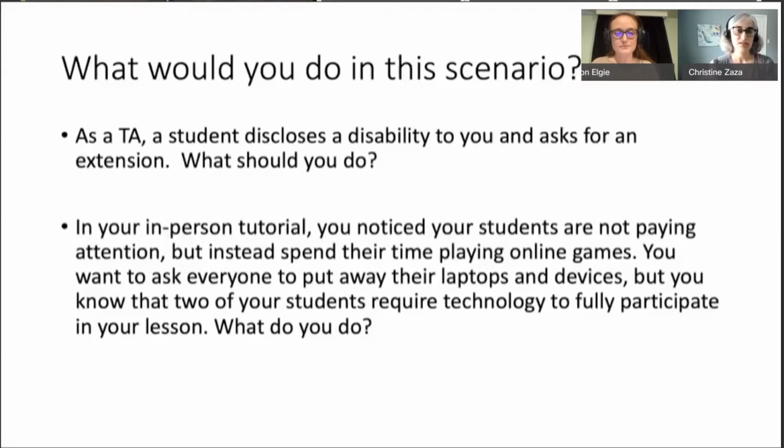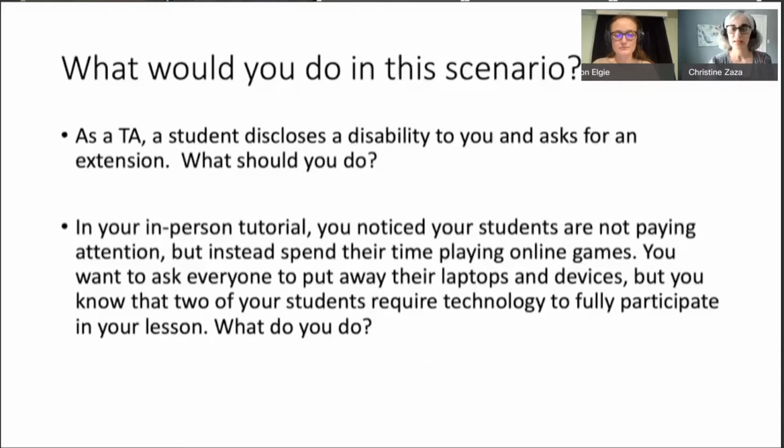So that means that they do not need to tell their instructor, I have a disability, therefore I need an extension. They have the responsibility of enrolling with accessibility services, and accessibility services then manages the accommodations. They do the assessment about what are appropriate accommodations, and they will communicate the need for accommodation with the instructor. Students may still decide that they are comfortable disclosing and they want to disclose, and many students will never want to disclose to the instructor, and they don't need to.